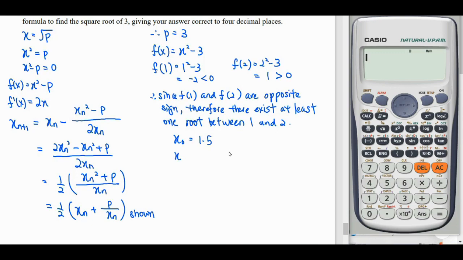Then we can find our first approximation using this special form of Newton-Raphson iteration, where p is 3. So we can key in our formula inside our calculator.